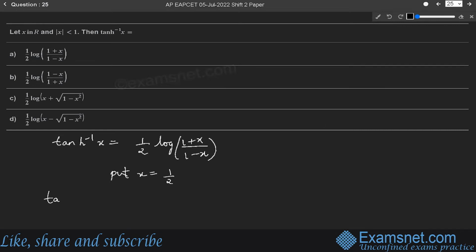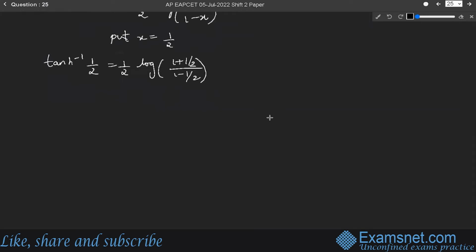So it becomes tan h inverse 1 by 2 will be equals to 1 by 2 of log 1 plus 1 by 2 divided by 1 minus 1 by 2. On further solving it, it will be equals to 1 by 2 log 3 by 2 divided by 1 by 2.